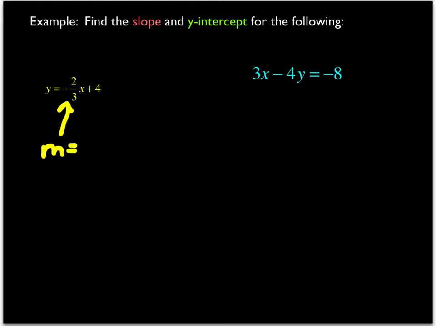So in this case, that's -2/3. We represent that with the letter m. And the number that's sitting out by itself, that's the y-intercept. Again, really important to be able to get these in place in this y equals form, because then it's pretty easy to graph these rascals.